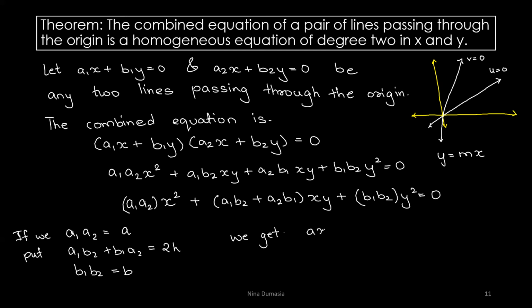We get ax square plus 2h xy plus by square is equal to 0. Okay, so this is a homogeneous equation of degree 2 in x and y.